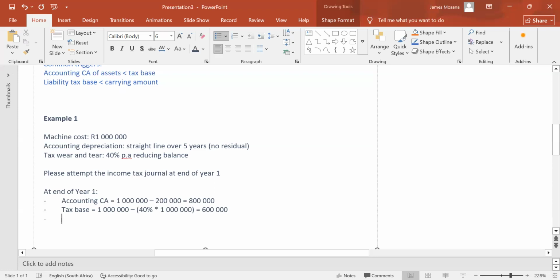So then, it's going to be easier for us now. What we are going to do is calculate the temporary difference.